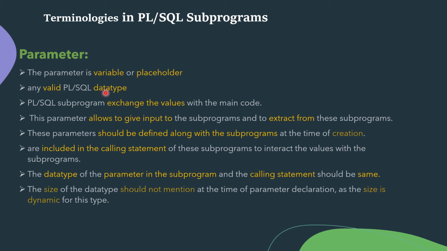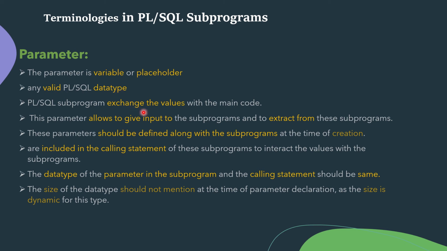That is applicable in PL/SQL also. It can be of any valid PL/SQL type, like numeric type, or the different data types which we already studied in SQL or Oracle.